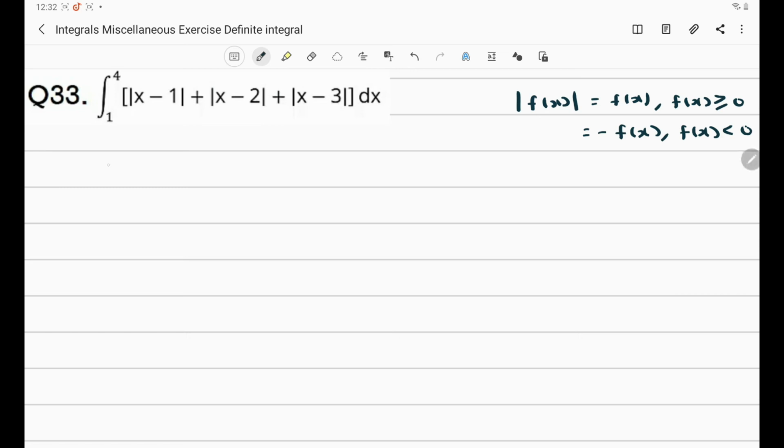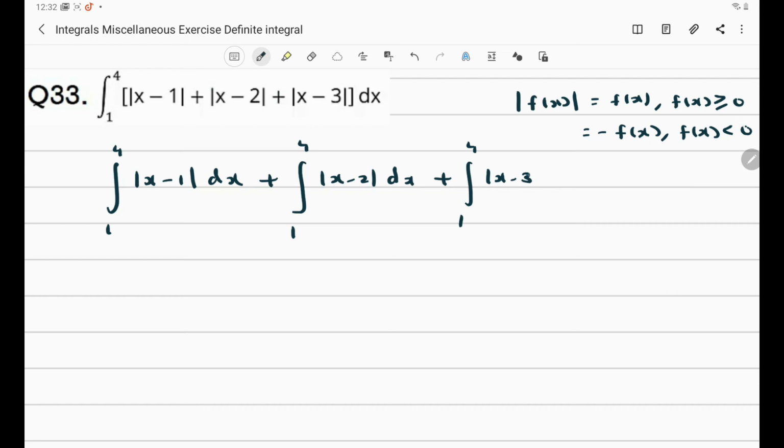So we write this as integral 1 to 4 modulus of x minus 1 dx plus integral 1 to 4 modulus of x minus 2 dx plus integral 1 to 4 modulus of x minus 3 dx. Let's redefine the x minus 1 function.